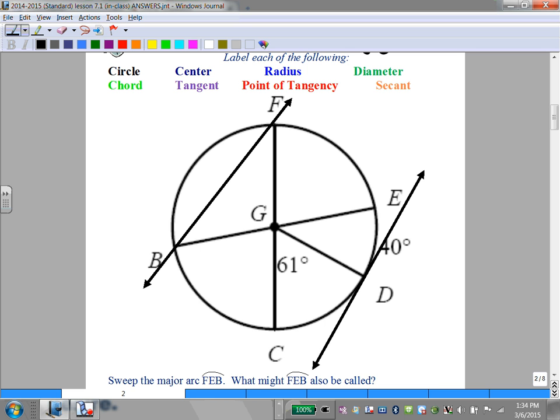Take those 8 terms and label as many of them as you can on the first page and on the right-hand side. We'll go over it if you're confused.